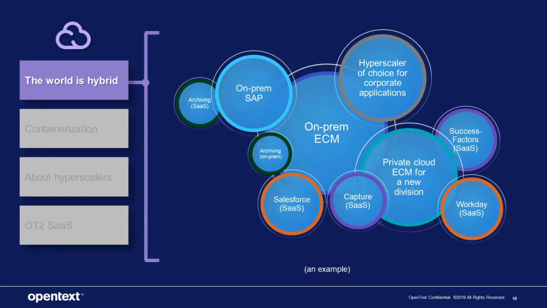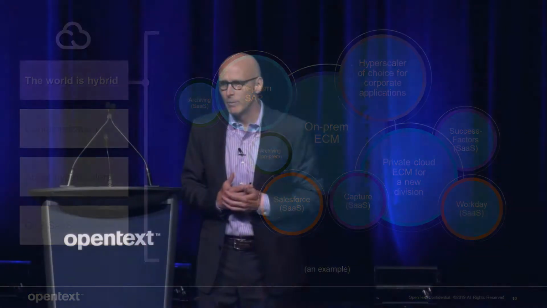Maybe your folks are working with one of the hyperscalers, Amazon Web Services, Azure, Google Cloud Platform, to bring more and more of your corporate applications out into those types of environments. So, I'm not trying to make you dizzy with the bubbles coming up. This is just to say that it's actually very rare for us to see customers that are 100% on-premise or 100% SaaS. Maybe the time will come, right?